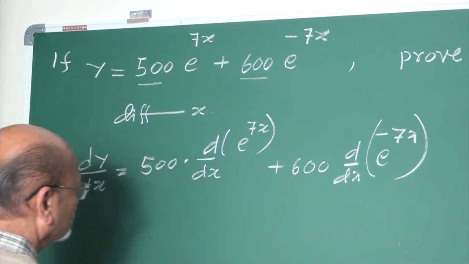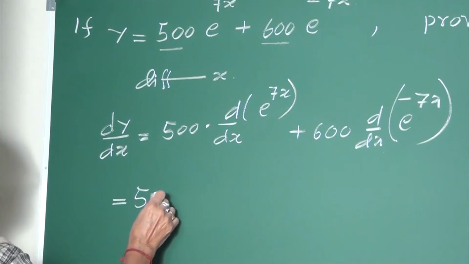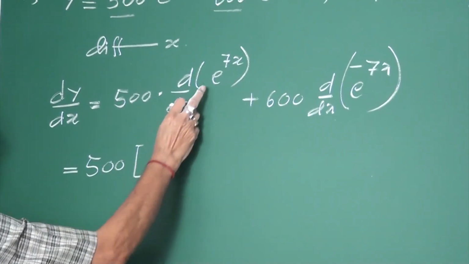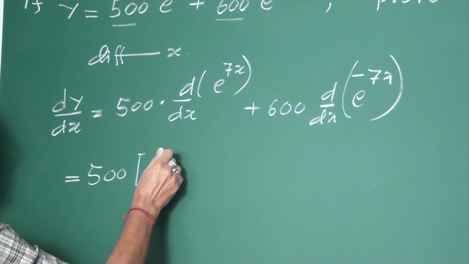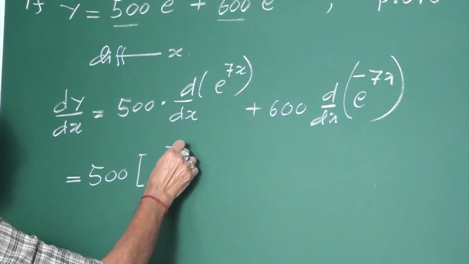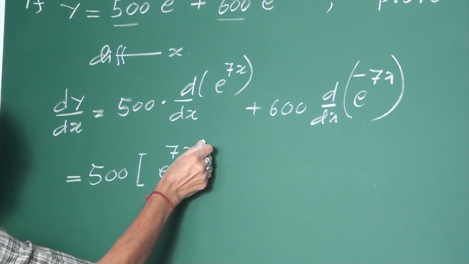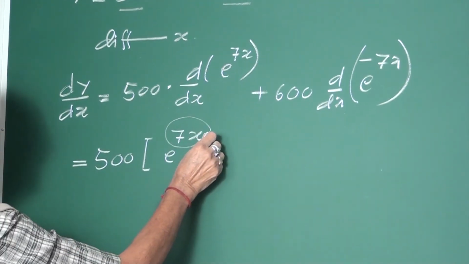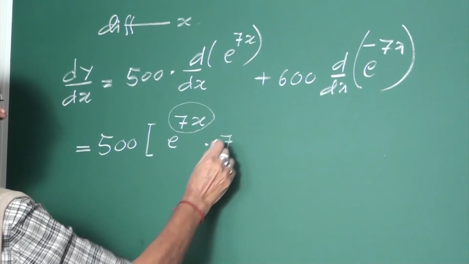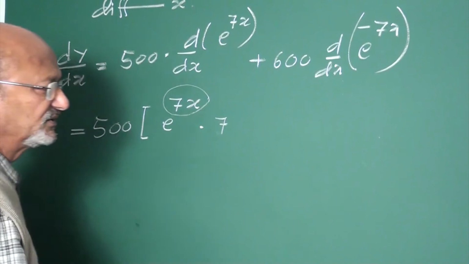Their derivatives. Yes, right. This is 500. For e to the power f, if the power is other than x, then you have to write its derivative. What is the derivative of 7x? It is 7. The derivative of kx is k, so 7x gives 7.